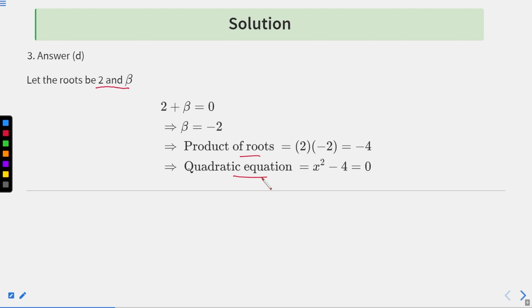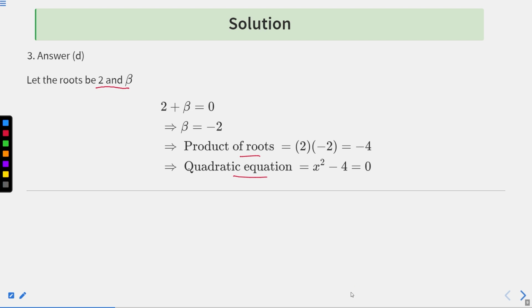In this equation you see the linear term x is not involved, since the sum of its roots is equal to 0. That is why in this quadratic equation the linear term does not involve. Therefore the quadratic equation is x square minus 4 is equal to 0.